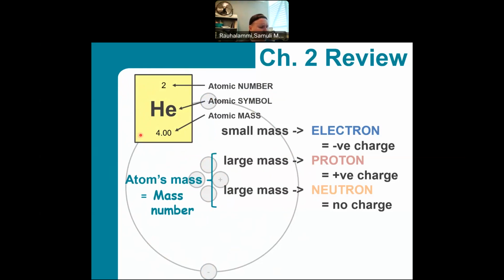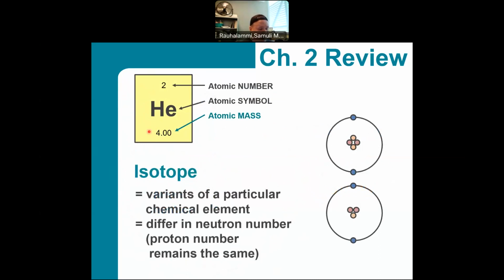Now you might ask, how do we come up with the atomic mass, often also referred to as the mass number of an element? Well, to calculate the atomic mass, we add together the mass of protons and neutrons, so the mass of the subatomic particles that form the nucleus of an atom. So that is another number that we sometimes see.